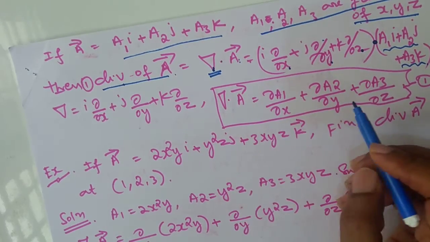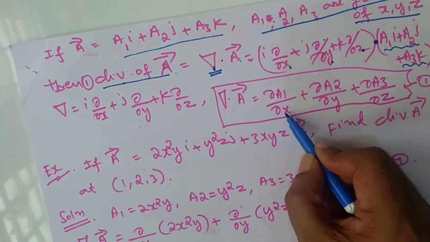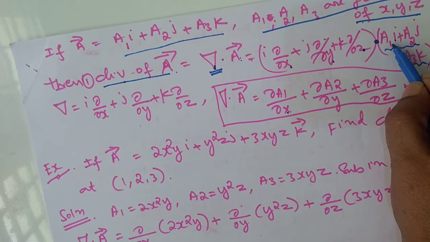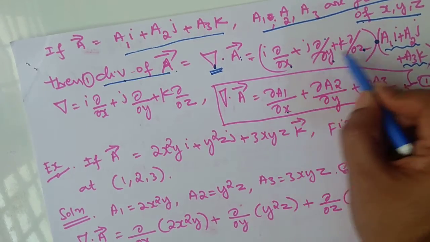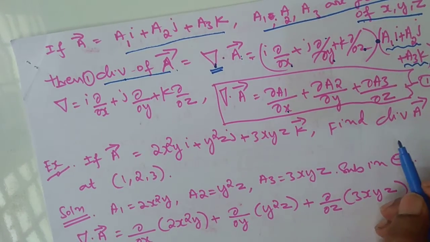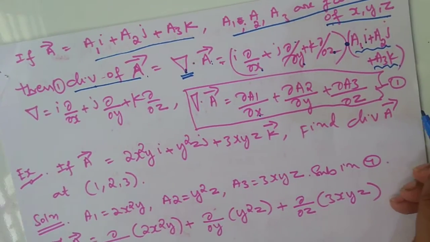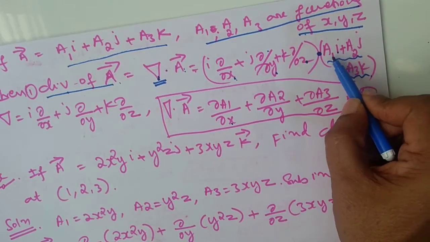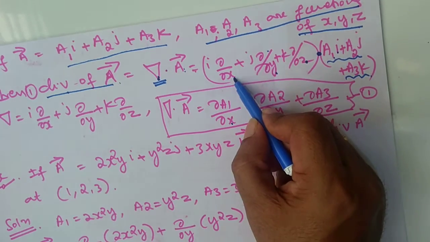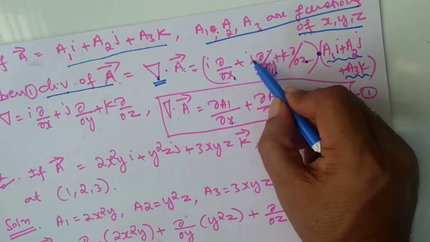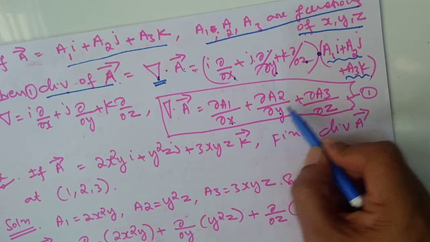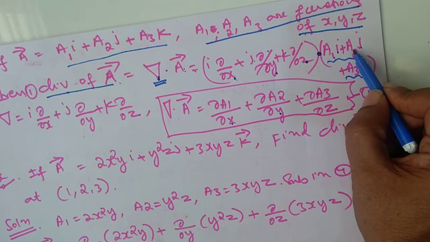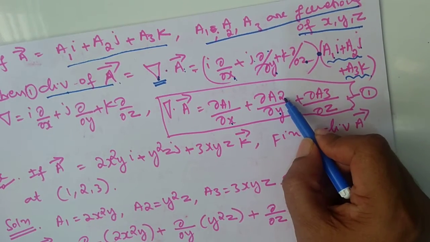So now del dot A means what? What is coefficient of i? Dou by dou x. What is coefficient of i in A? A1. Multiply dou by dou x of A1. How are you taking the dot product? Just multiplying the corresponding coefficients of i, j, k. Coefficient of i is dou by dou x, coefficient of i is A1, so dou by dou x of A1. Similarly, coefficient of j, dou by dou y, and coefficient of j in A is A2, so dou by dou y of A2.